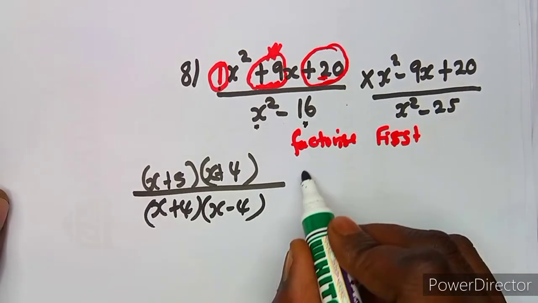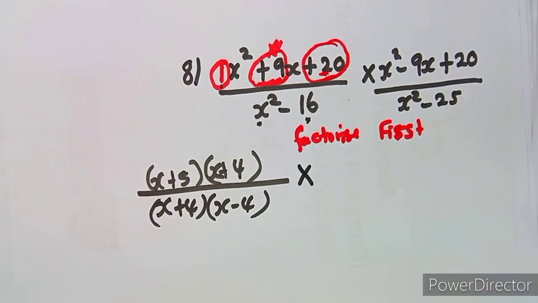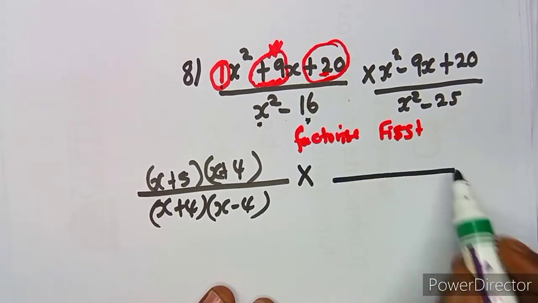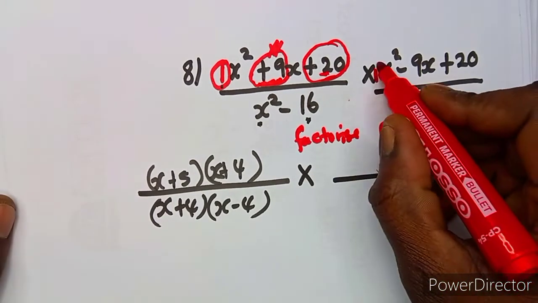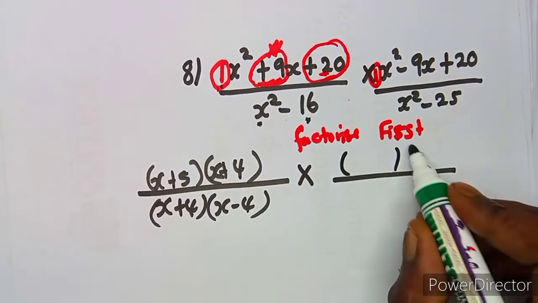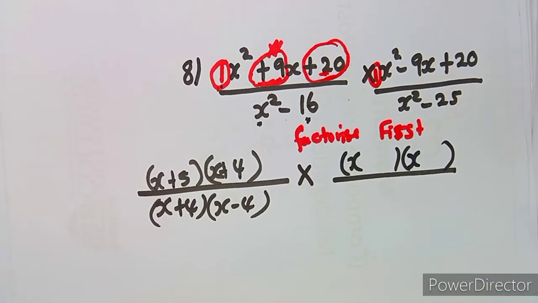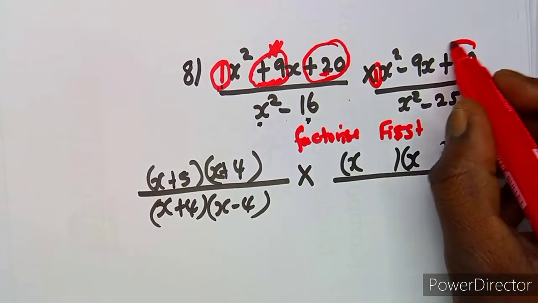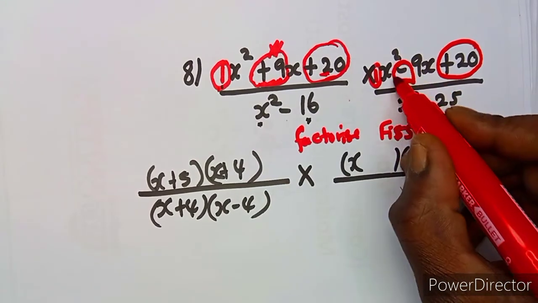All right. Multiply by, we do the same here. We have to factorize, but as you can see, this one, we have got the same thing again, the coefficient of x squared, which is a 1, just like the previous case here. So that means I'm just going to have my two brackets here, x and x. All right, so factors of 20, but this time they should give us minus 9. Take note.